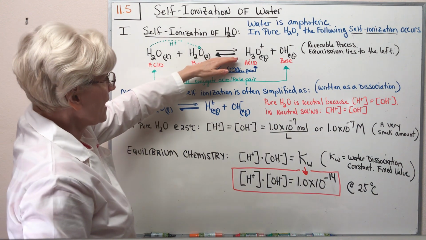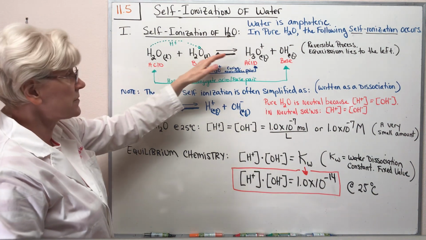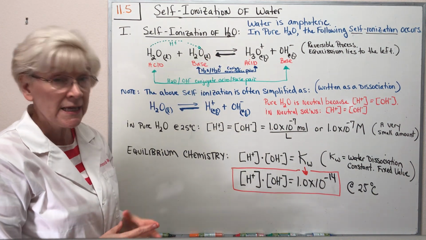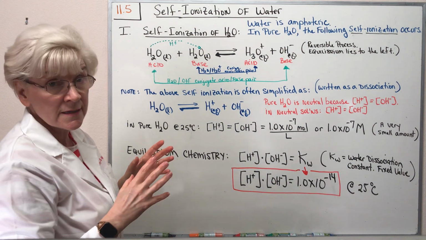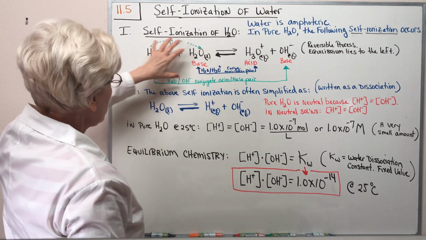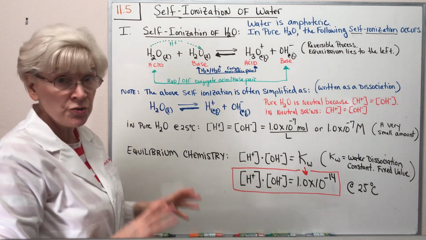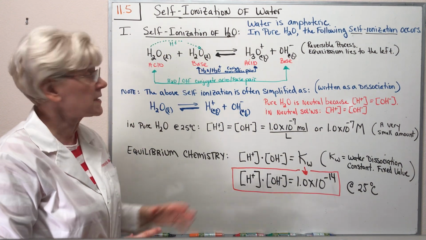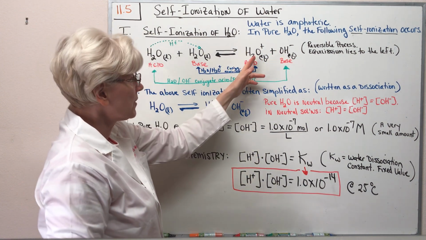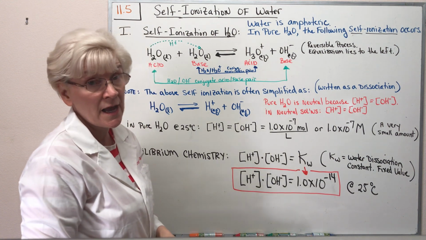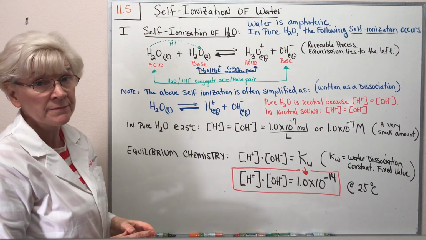You see that I have highlighted the arrow to the left, meaning that the equilibrium lies to the left. When this process comes to equilibrium, you have mostly neutral water molecules present. You only have a very small amount of hydronium and hydroxide ion present at equilibrium.